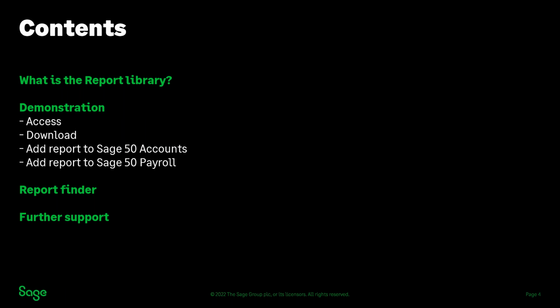We'll also have a demonstration of how you go about accessing it, the various options for downloading additional reports, and how you go about adding them to CH50 accounts and CH50 payroll. We also want to pick up on the report finder.